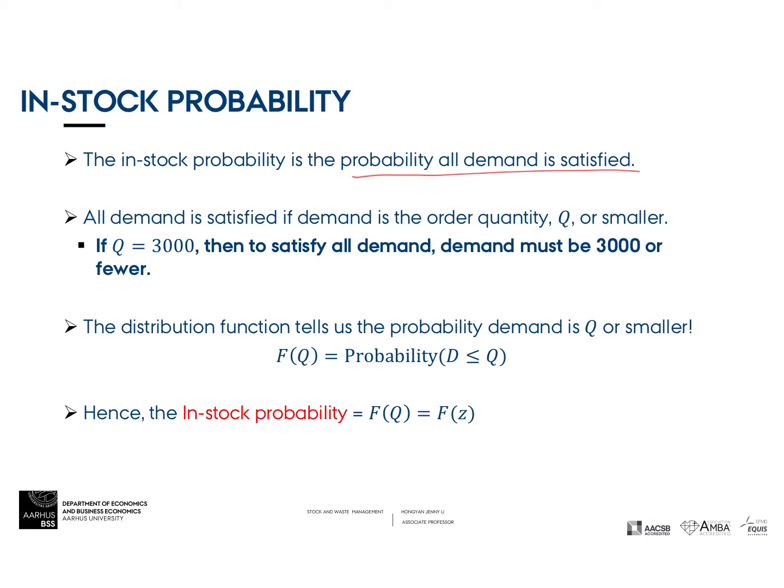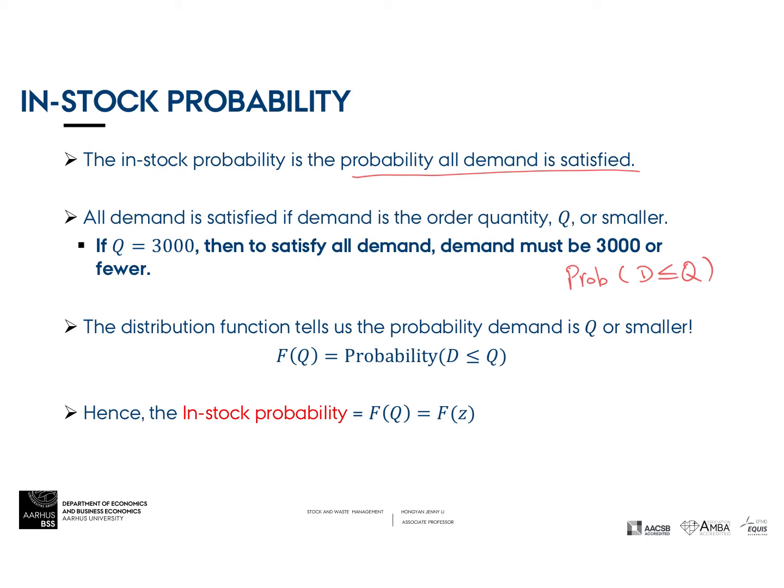And now we can see one example. All demand is satisfied if demand is order quantity Q or smaller. So basically we're talking about the probability that your demand is less than or equal to Q, then all the demand will be satisfied.